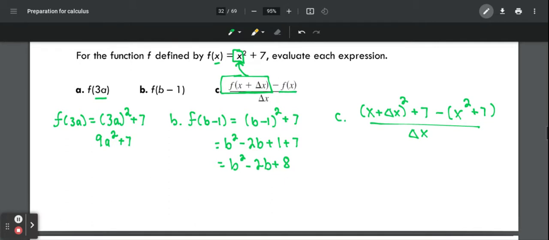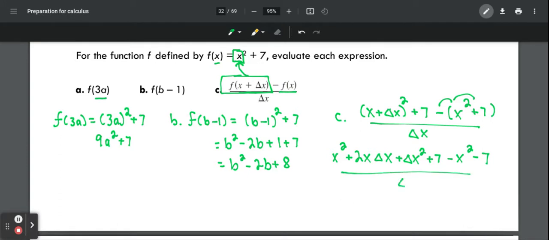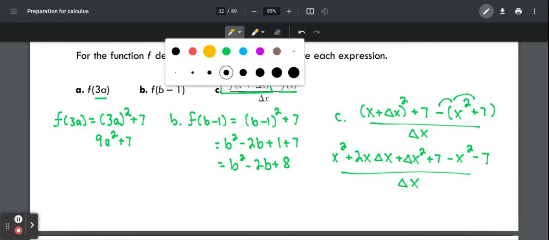So if you were to expand that x plus delta x squared, you would get x squared plus 2x delta x plus delta x squared plus 7. Remember to distribute your negative, minus x squared minus 7, all over delta x. Now go through and start simplifying.